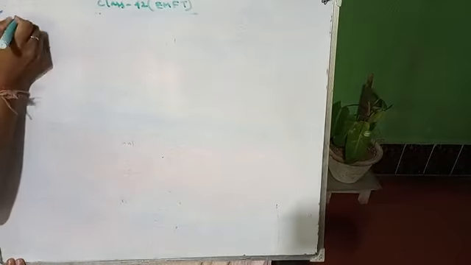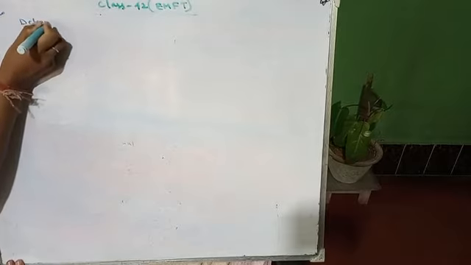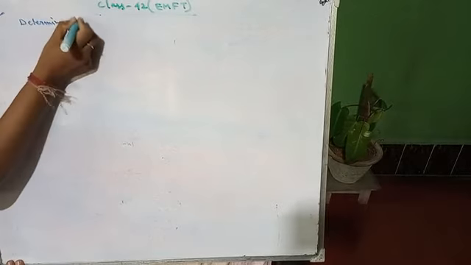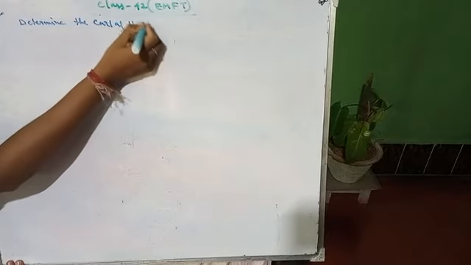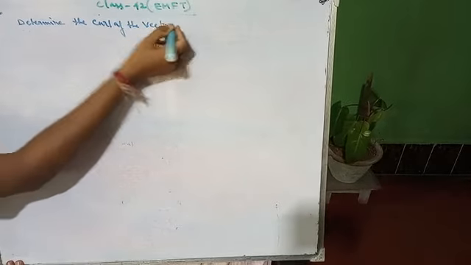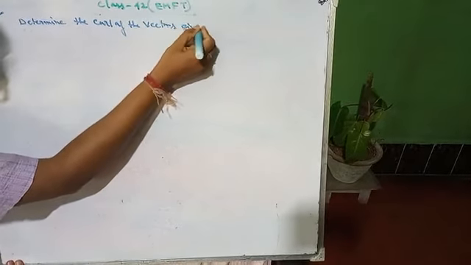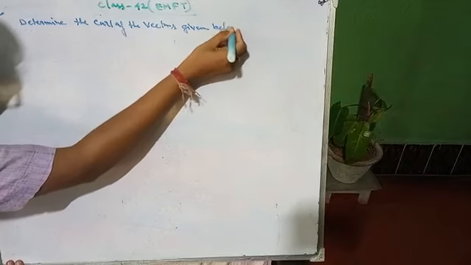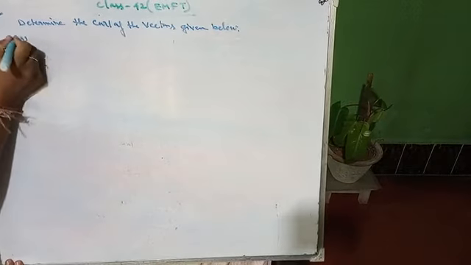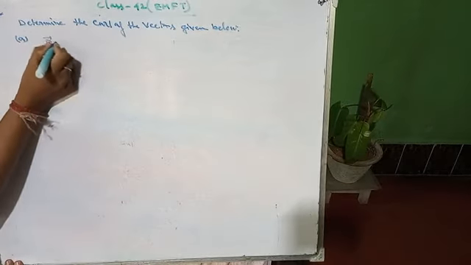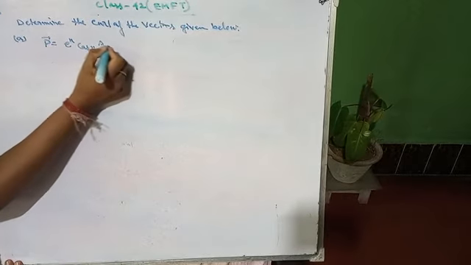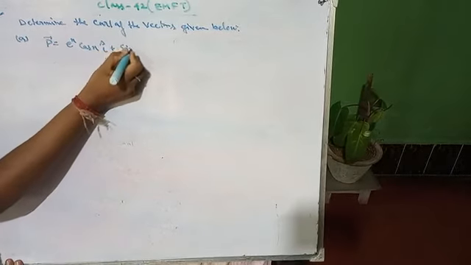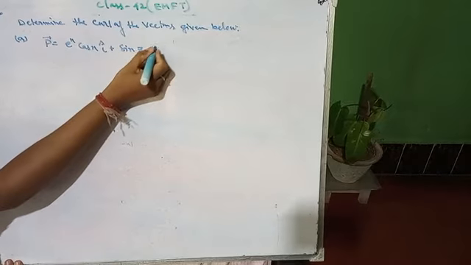Determine the curl of the vectors given below. For A, p vector equals e to the power x cos x i cap plus sin z k cap.